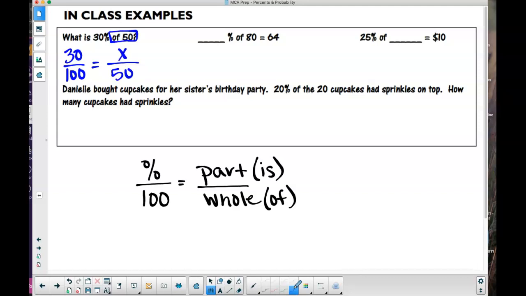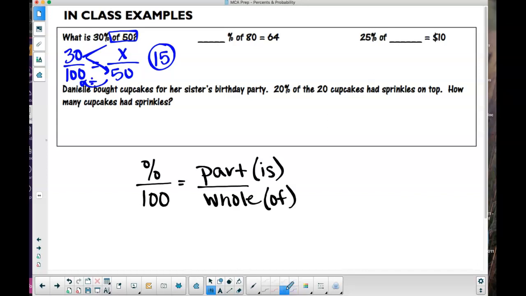So that means I'm going to put X on the top, and then we're going to solve that. Grab your calculator and solve it. What do you get? 15. Okay, remember how to solve that? Do 30 times 50. We multiply the diagonal and divide by the third number.